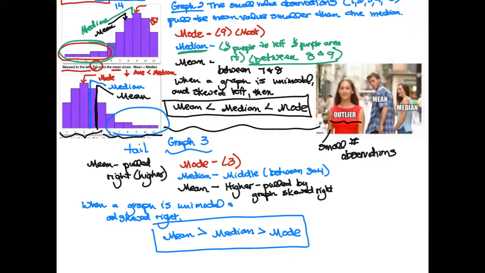And this mean is being pulled by the outlier. This is kind of like the tail. The outliers are the tail because they're very small, but they're still going to pull it in that direction. See how this mean is being pulled this way?